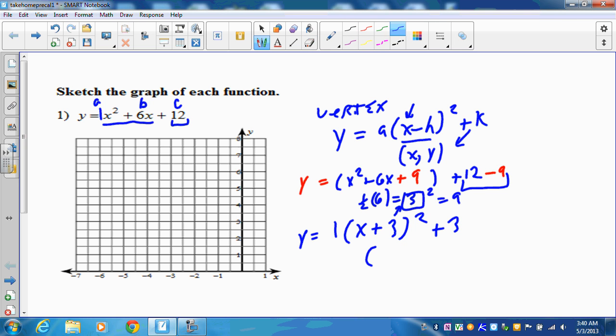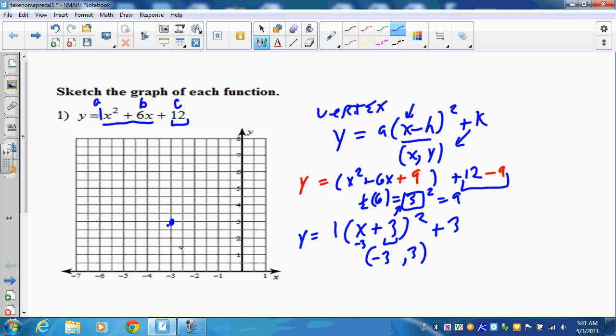Well, this gives us our coordinates for our vertex, and the x value, it's not positive 3, it's a negative 3, because if you put in a negative 3 for x and add it to 3, it takes you to 0. So we're going to go over to negative 3 and up 3. And we're going to put our vertex there.